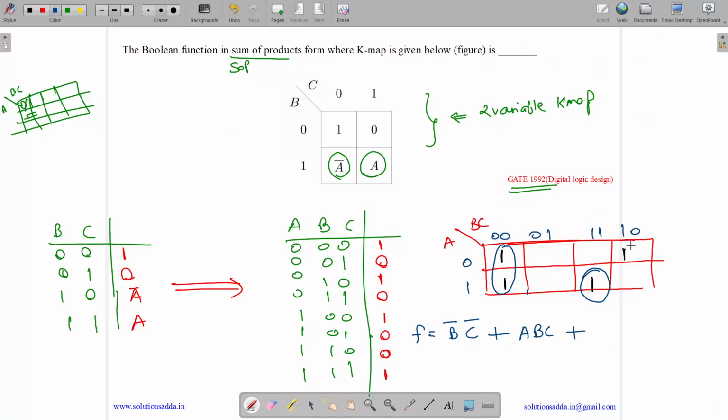For this we can have a single, but a pair is also possible. This can pair with this, and here the answer will be A complement. And over here, this 0 and 1 will cancel out and we will get C complement. So the answer is ABC plus A complement C complement plus B complement C complement.